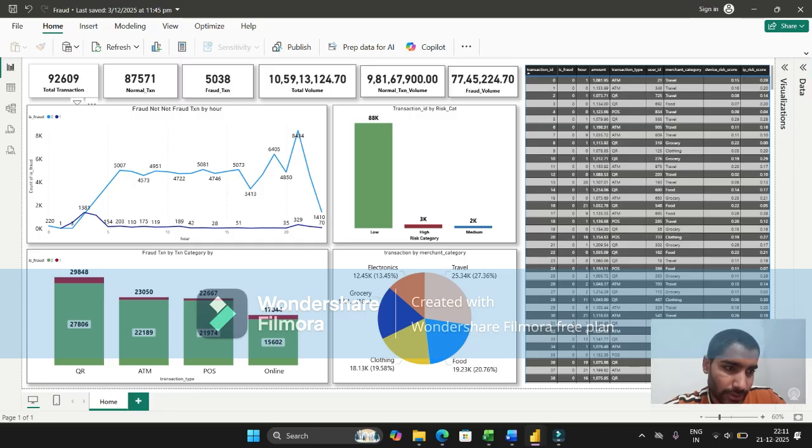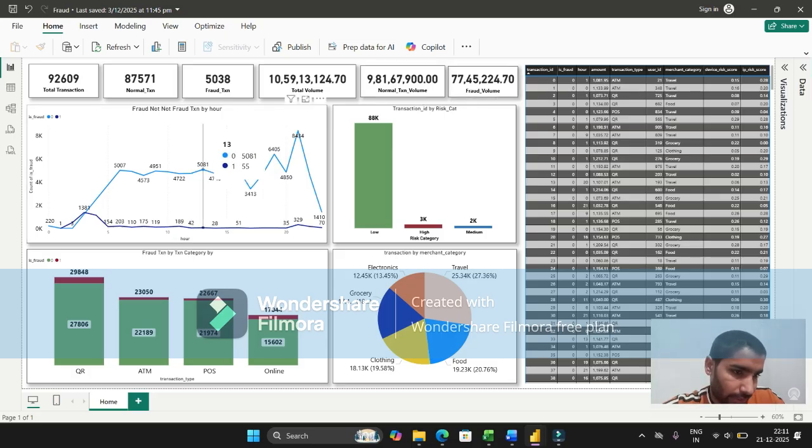These are the total transactions that happened last night, on the last date. 92,000 transactions happened in the last day, by category: high, medium, and normal. Normal transactions were 87,000 and fraud transactions were 5,000. And this is the volume of transactions, high, medium, etc.